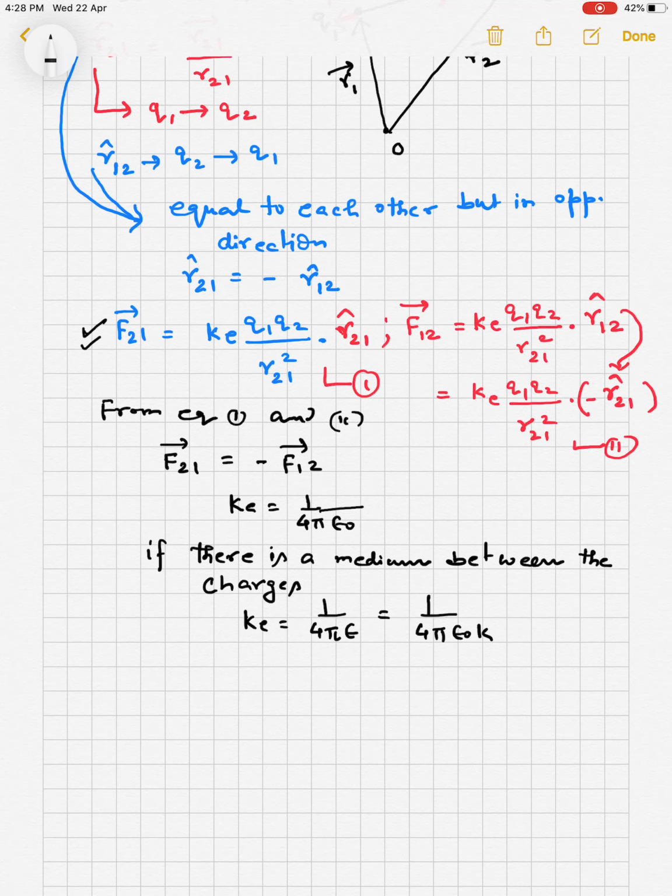Now force on a point charge due to multiple charges. The second thing is force on a point charge due to multiple charges.